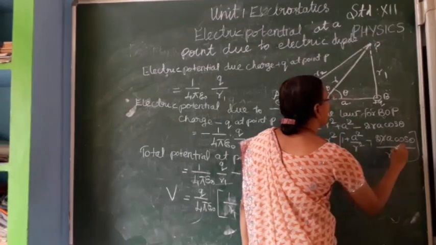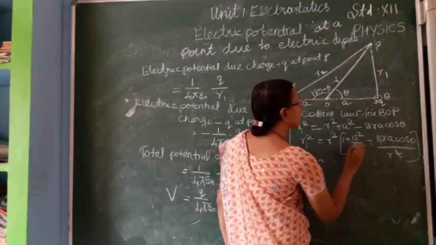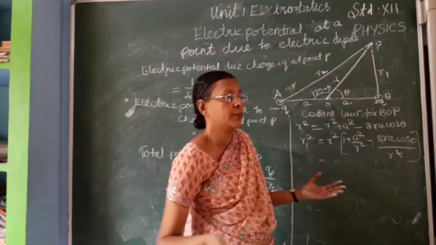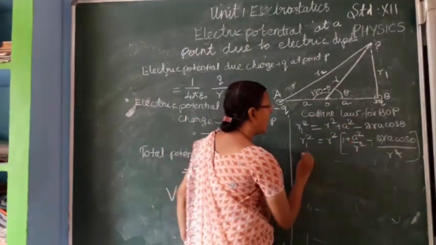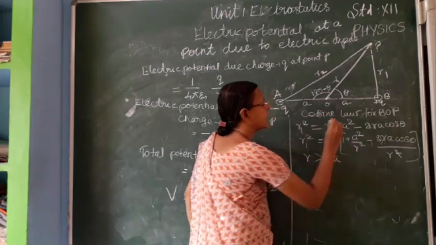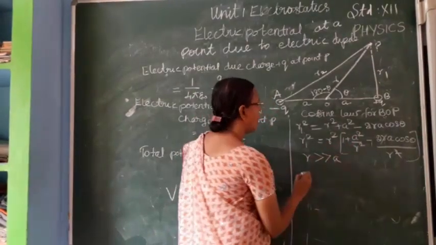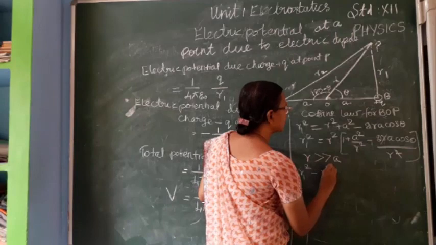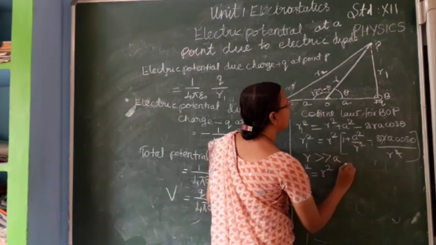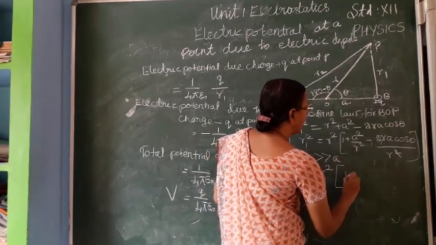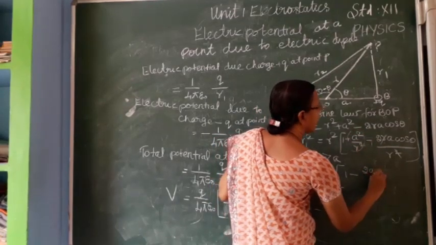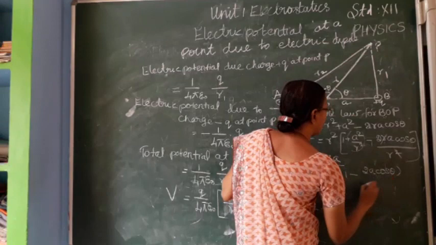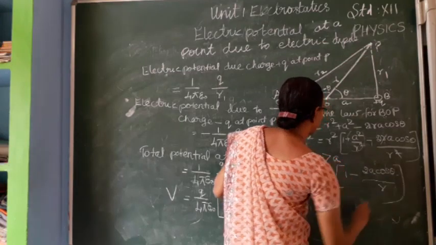Here R cancels. Here A square by R square we have to neglect, because R is very much greater than A. So R1 square is equal to R square into 1 minus 2A cos theta by R.